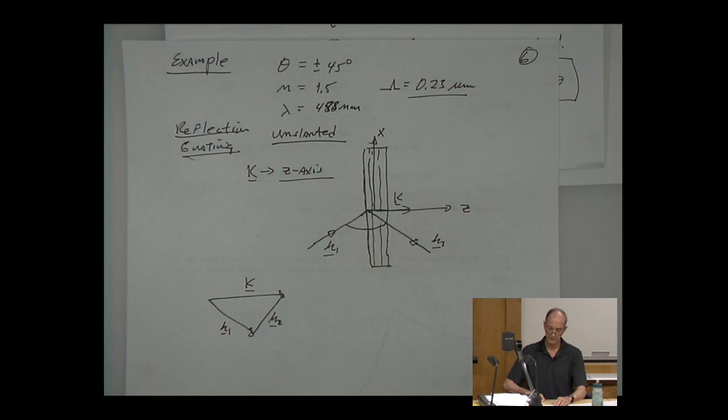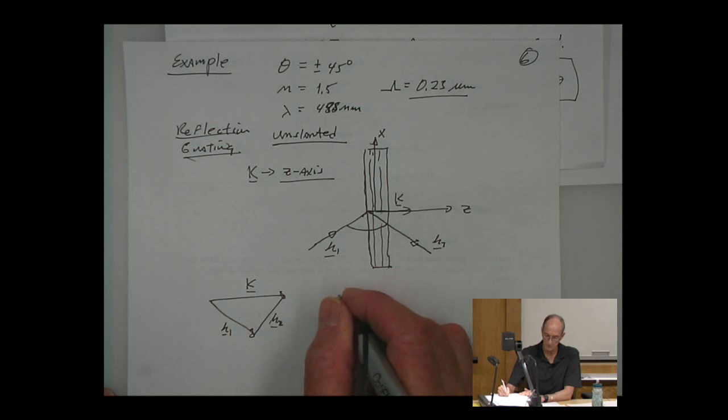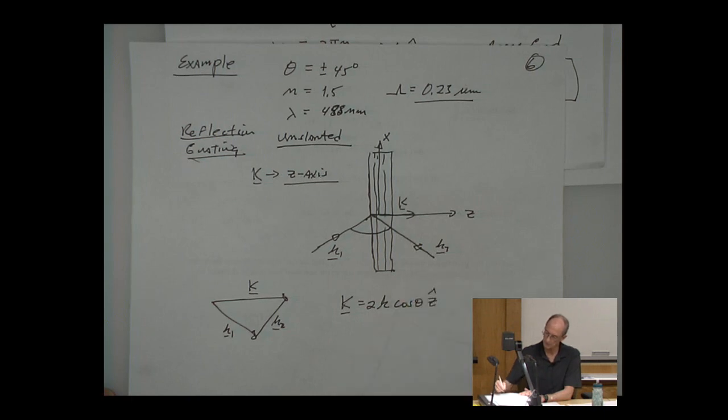All right, so if we now go through this process, we'll end up with k. Instead of having the sine, k is going to be equal to 2k, which is 2 pi n over lambda cosine of theta in the z direction.